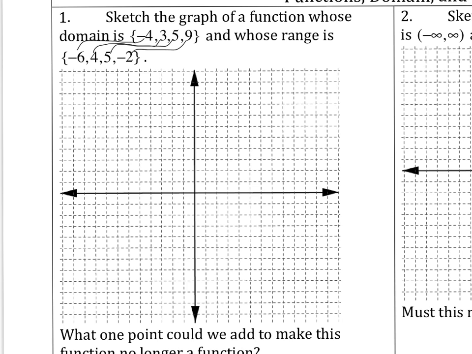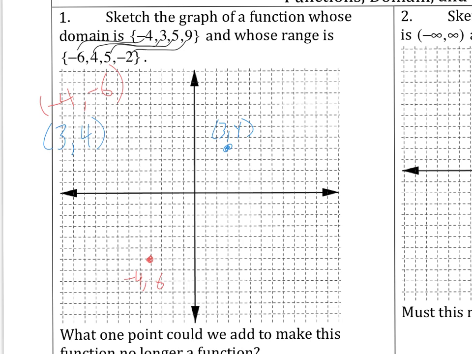Okay, so first up we've got the point -4, -6. So that's going back 1, 2, 3, 4, and down 1, 2, 3, 4, 5, 6. My second point, based on how I line these up, would be 3, 4. So it's going over 3 and up 4.